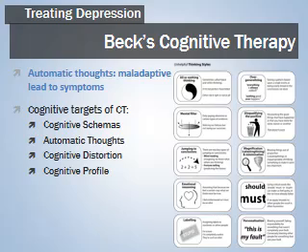Common distortions include arbitrary inference, which is when you draw conclusions without corroborative evidence; overgeneralization, when you draw general conclusions on the basis of a single event; selective abstraction, attending to detail while ignoring the total context; personalization, erroneously attributing external events to oneself; dichotomous thinking, thinking in polarized either-or ways; and emotional reasoning, believing things are a certain way because one feels they are that way. Like automatic thoughts, cognitive distortions become problematic when they are pervasive and are not critically examined or challenged.